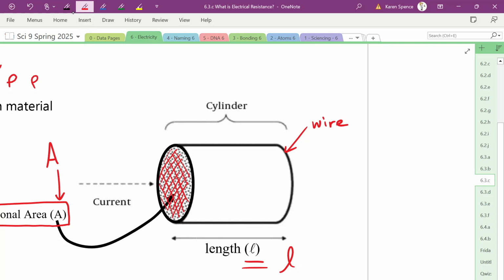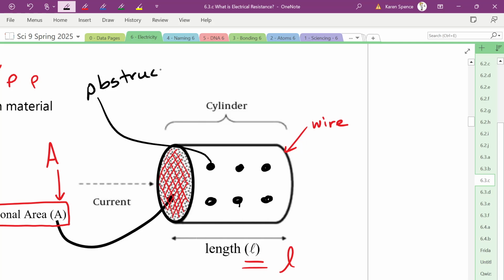And it's also going to depend on, you can imagine that we have little obstructions. That's not a big enough place to write the word obstruction. I need to pick a better place. I'm going to write it over here. Obstruction to the flow of current.